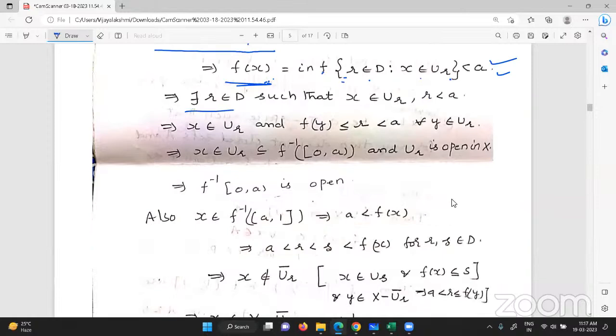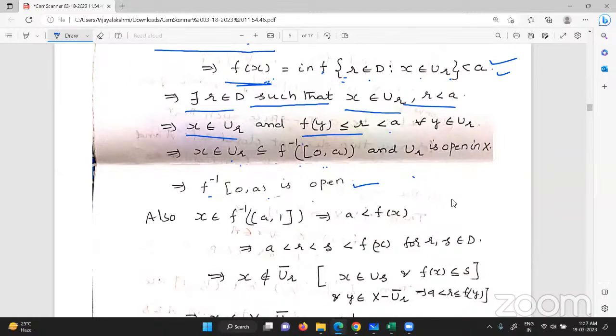There exists R belongs to D such that x belongs to UR and R less than A. That means you have x belongs to UR, where UR is a subset of f inverse 0A, that is contained in an open set. Therefore, f inverse 0 comma A is open.